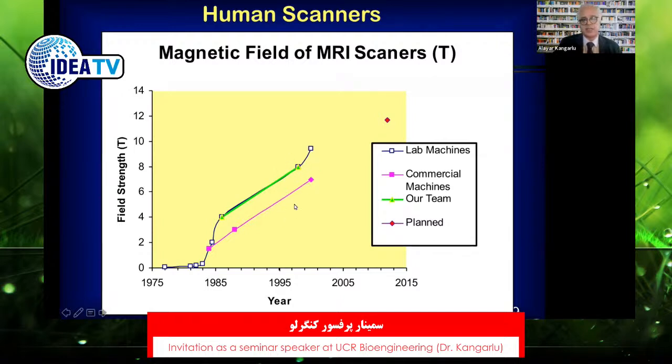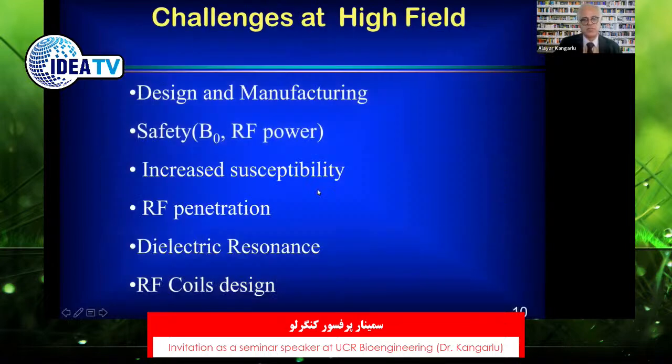And then at that time, the manufacturers decided to go 1 Tesla lower. It seems to me that manufacturers are always interested in staying 1 Tesla below the state of the art of research. And now there are a lot of 7 Teslas around the world. I'm going to show you a map of the world and countries that have 7 Tesla MRI scanners.